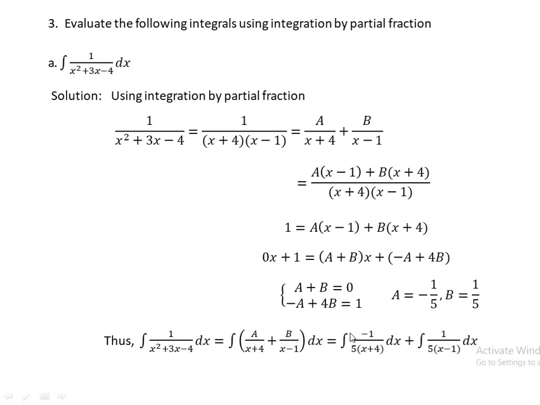So we have the integral of minus 1 over 5 times x plus 4 dx plus the integral of 1 over 5 times x minus 1 dx. Now this can be written as minus 1 over 5 the integral of 1 over x plus 4 plus 1 over 5 the integral of 1 over x minus 1. And this can be simplified as minus 1 over 5 ln of x plus 4 plus 1 over 5 ln of x minus 1 plus c.